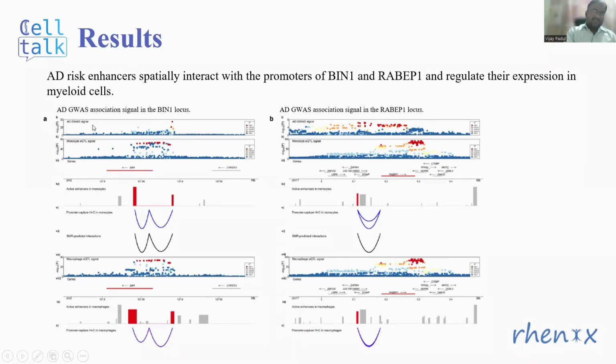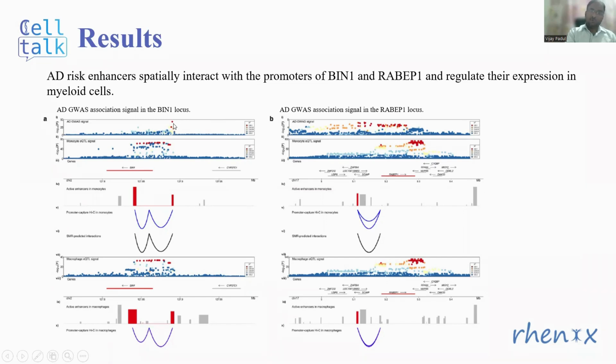Now this is the Alzheimer's disease GWAS data, and the y-axis shows the log10 p-value, and the x-axis shows the location of the genes in this particular locus, the BIN1 locus, and here the RABEP1 locus. Those points shown in red are variants which are statistically significant.